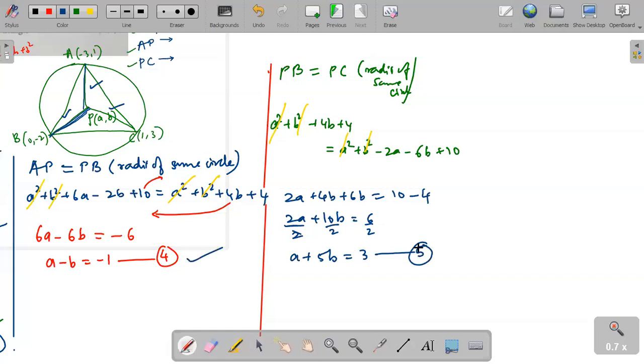We have got linear equations in 2 variables. Now solving these two, you'll get the values of a and b. I'll leave this part for you.